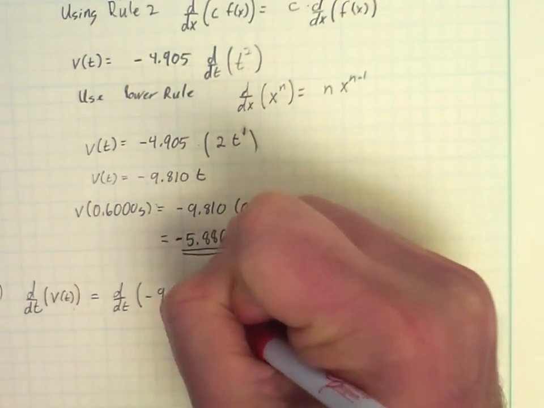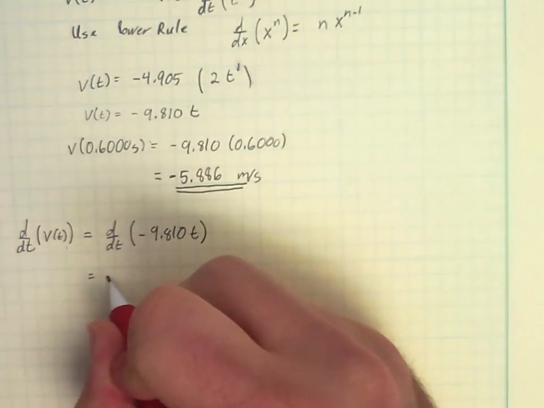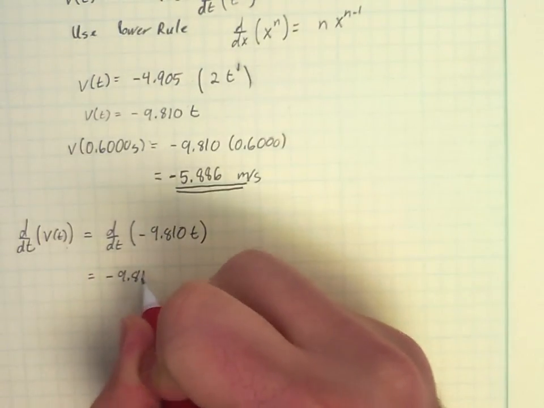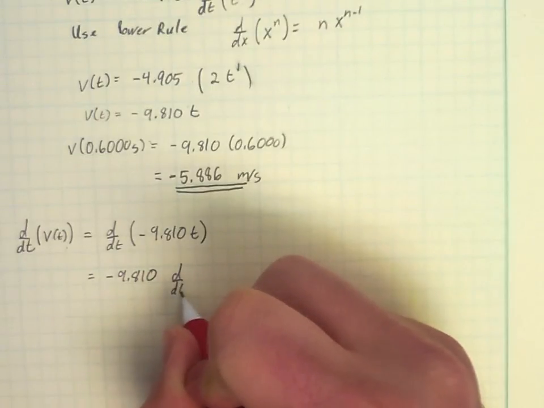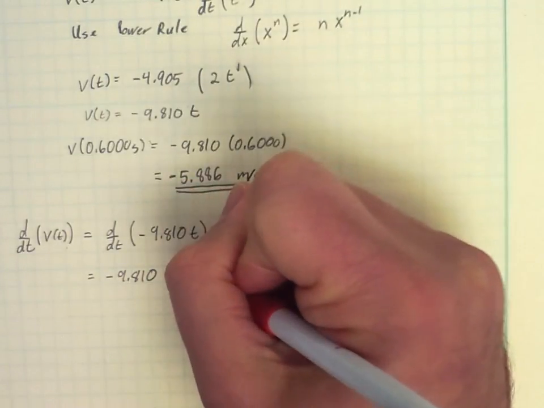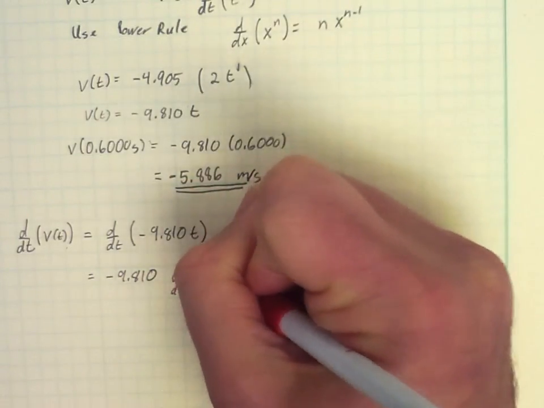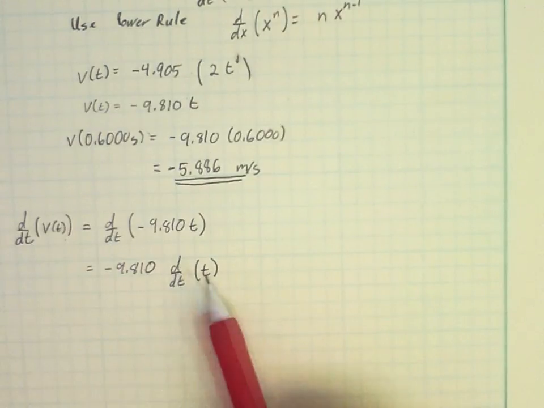We can apply some rules to that. Again, we can pull out our constant. And then we know, well, two ways to look at it. One, you can see we have dt over dt. That's going to turn out to be 1.